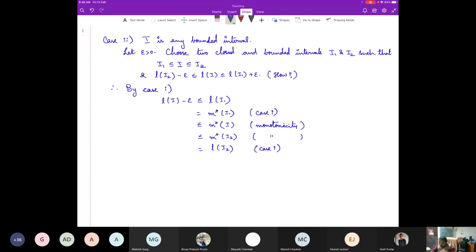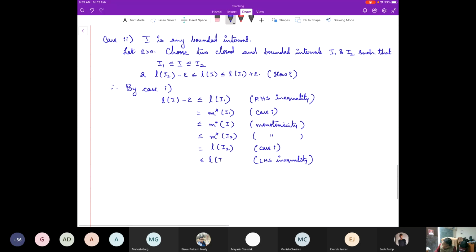Now length of I2 is less than or equal to length of I plus epsilon, from the left hand side inequality.